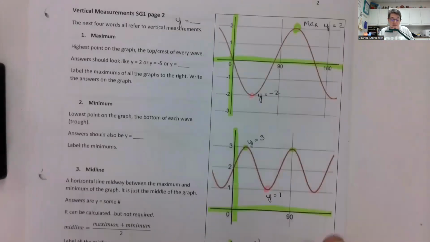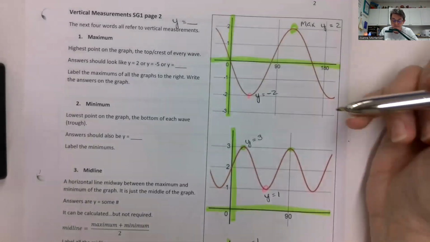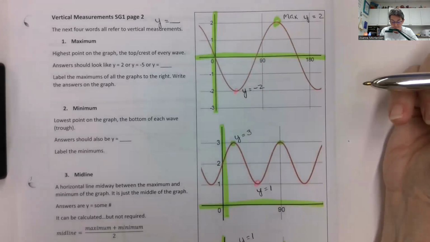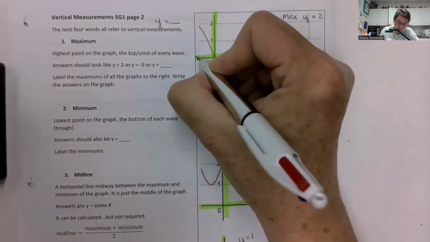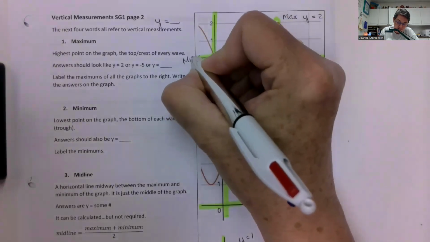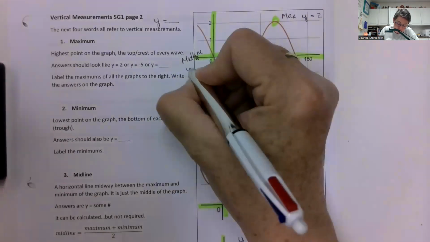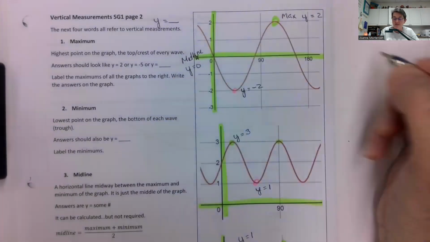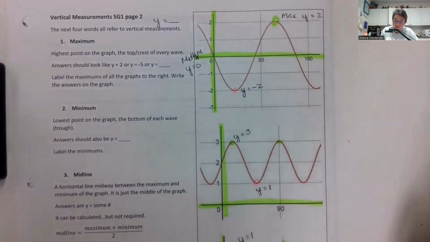So if I look at this one, we need to find the middle. It's like right here. This is my midline. Y is equal to 0. So in this graph, it also happens to be my x-axis. That's fine. It happens.